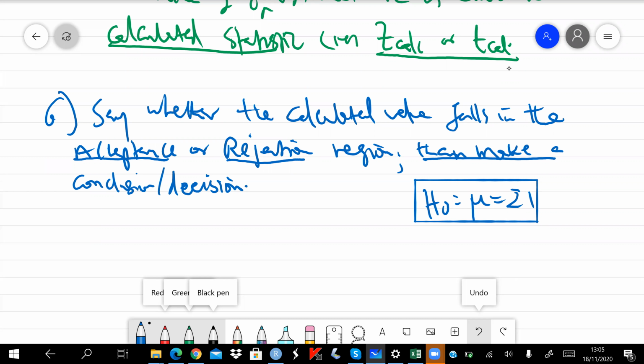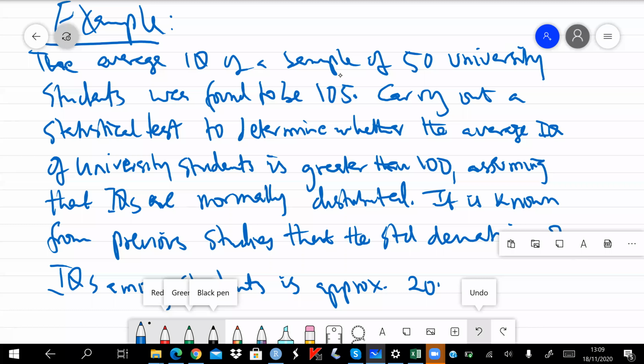So at this point, I want us to have an example so that we can practice the steps and see how we can make a decision using hypothesis testing. So example 1. We are told that the average IQ of a sample of 50 university students was found to be 105.